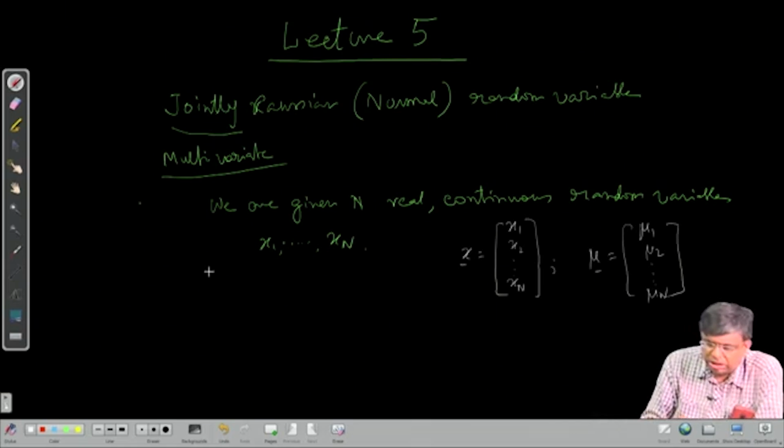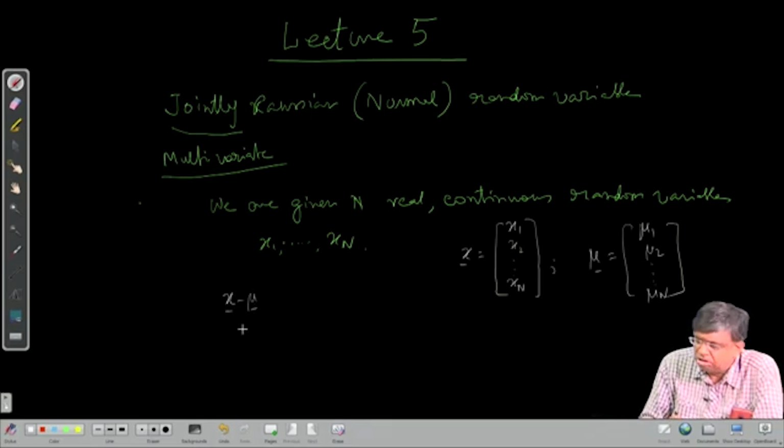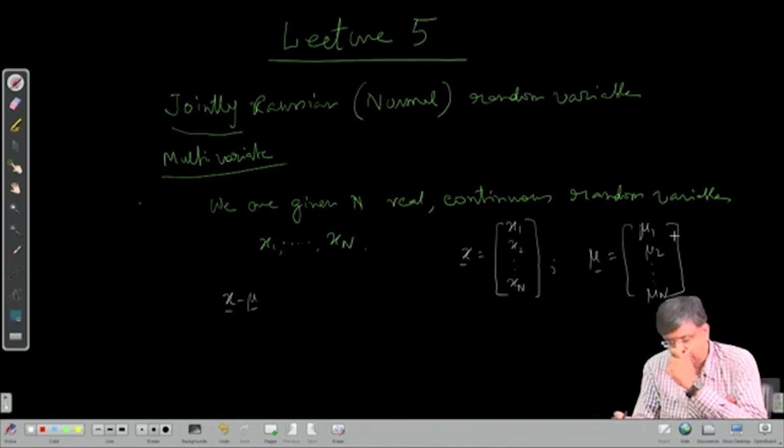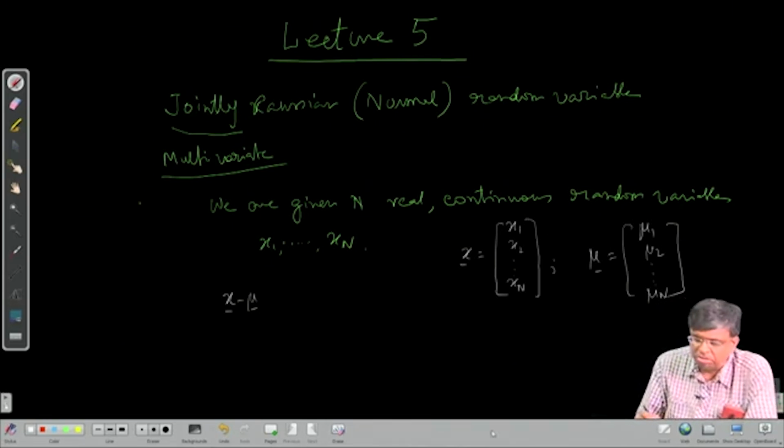Then we can take the deviation, the increment vector x minus mu. For every random variable, the incremental value it takes around its mean, x1 minus mu1, can sometimes be positive, sometimes negative, and the same for all other variables. So they are in a stack, x1 minus mu1, x2 minus mu2, xn minus mu n, that is what this is. Okay?